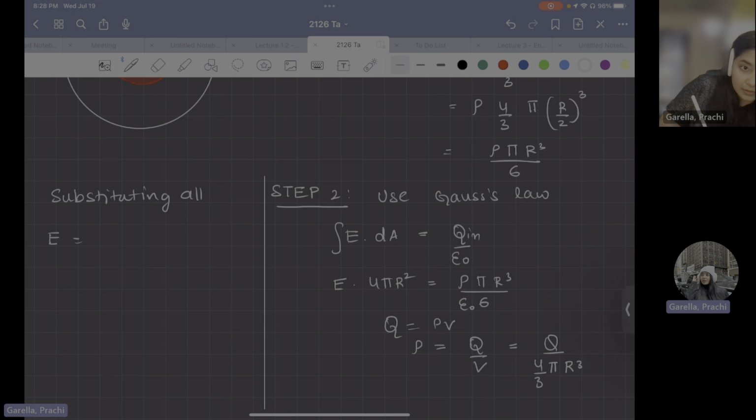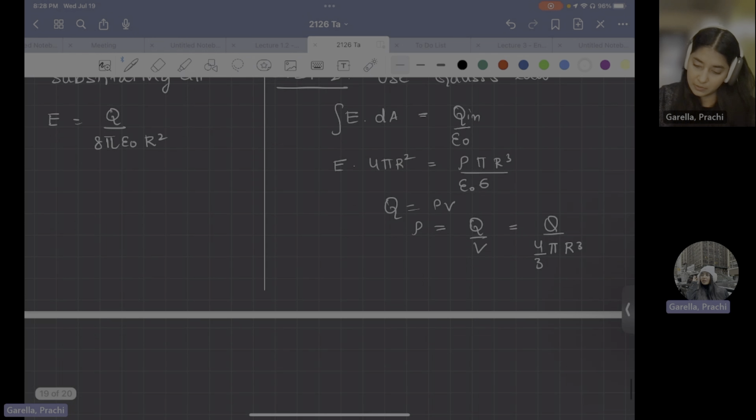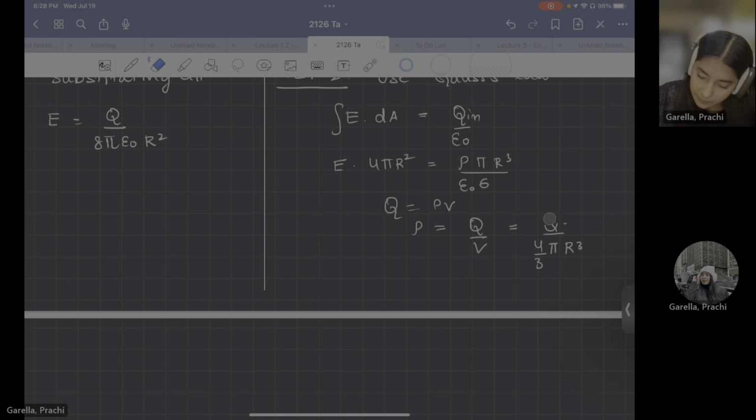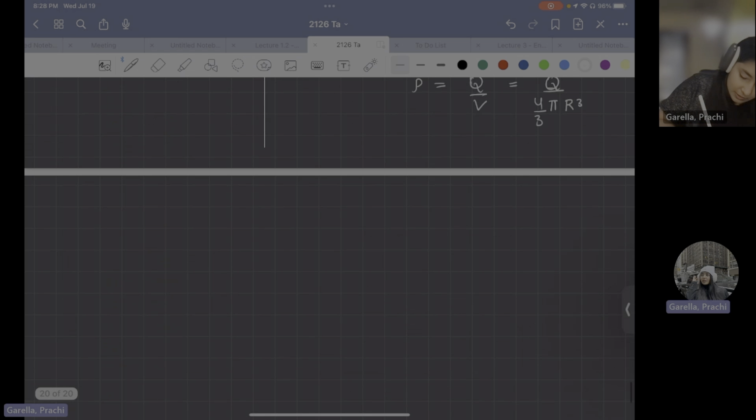We get E equals Q over 8 pi epsilon naught r squared. Okay, and this Q is this. So that was our question number 3. Now let's move on to problem number 4.